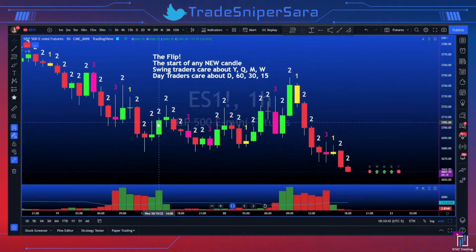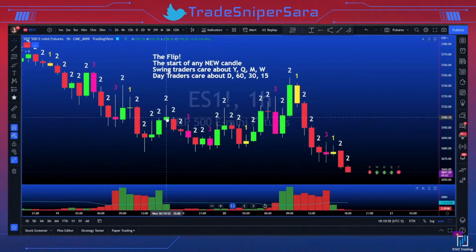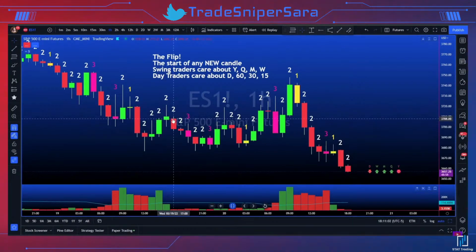This is also important because trading programs or trading bots are also programmed to buy and sell based on certain hours, so we always want to be aware of the flip. Here you can see you go from buying, you get a candle flip, to selling, selling, selling, selling, buying, selling, buying.